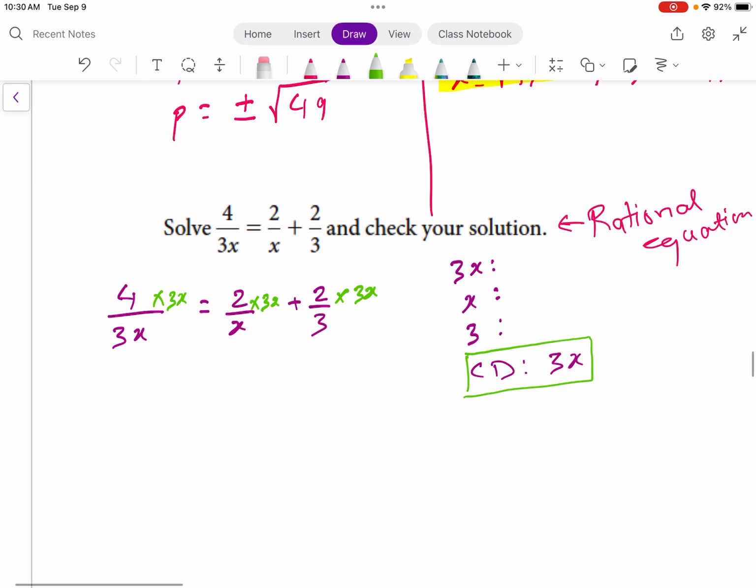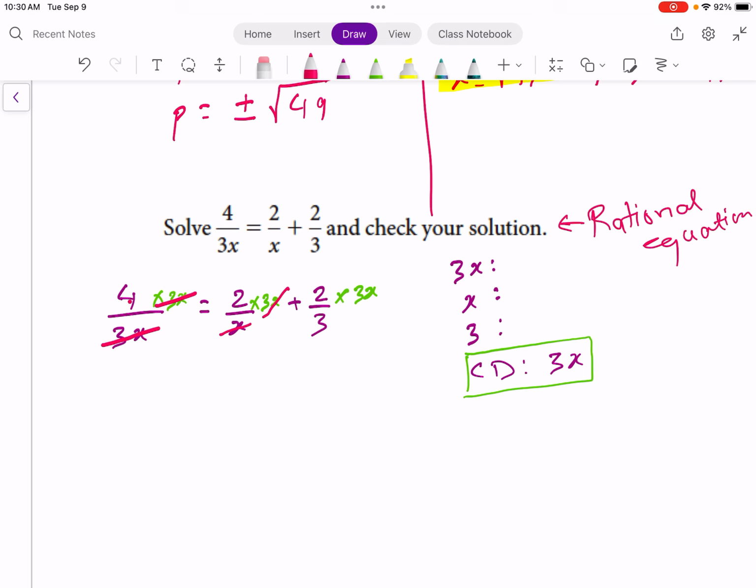Okay, now we have 4 times 3x divided by 3x. Can we cancel 3x and 3x? Yes. Can we cancel x and x? To cancel, you must have your expression in a product form in the numerator, and you must have an expression in a product form in the denominator.